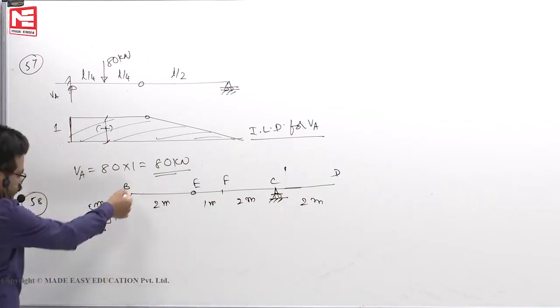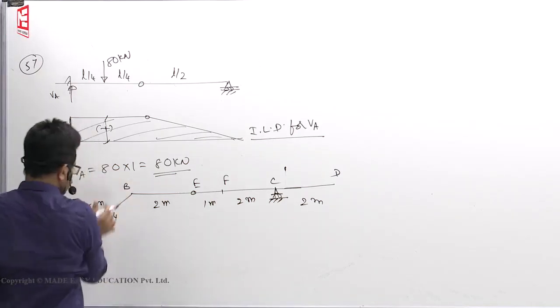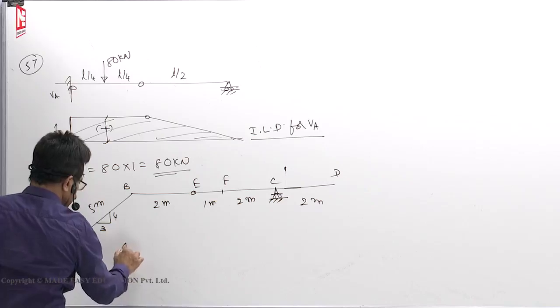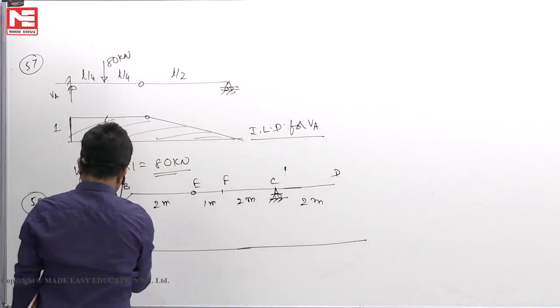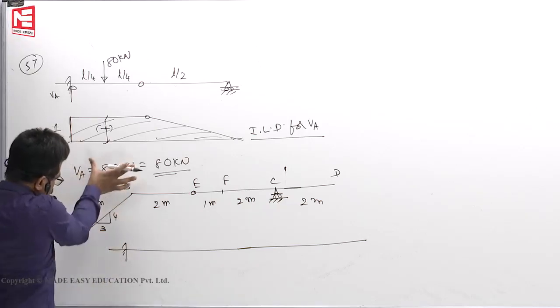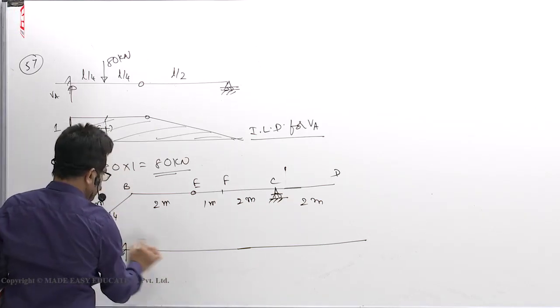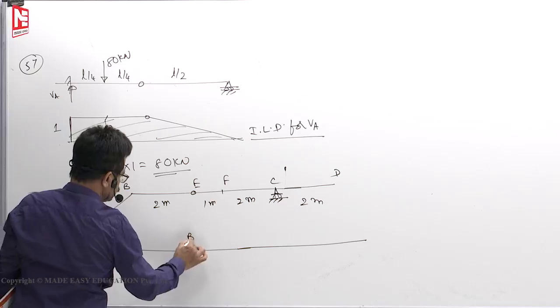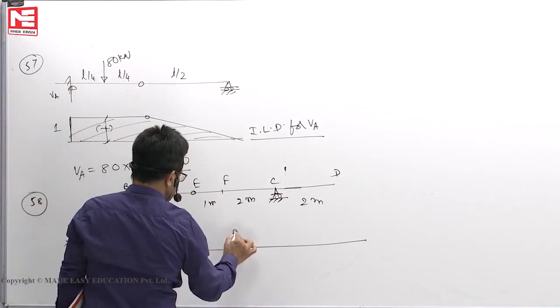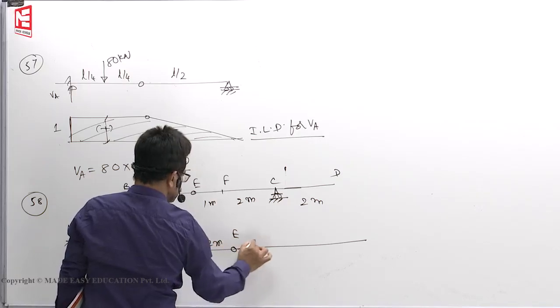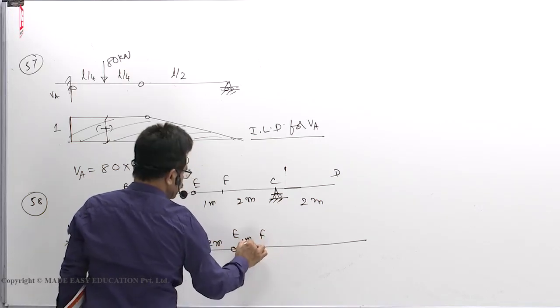So loads generally will not move on the inclined line, whose horizontal projection, if I write it, will go something like this. I am showing you the horizontal projection. 5, 4, 3 means its horizontal projection is 3 meters. A, B is here, 3 meters. E is here, 2 meters. F, 1 meter.